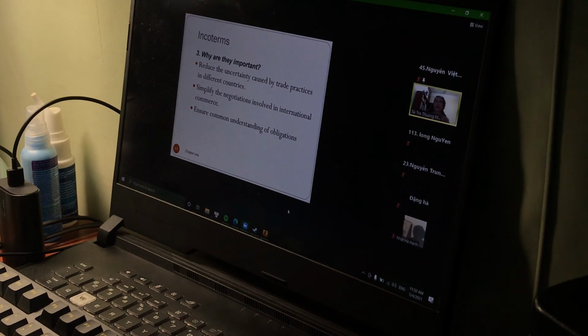That's why even though Incoterms is not a law, we are advised to use it in the sale contract because we can lessen the risk, since we have a lot of common understanding.